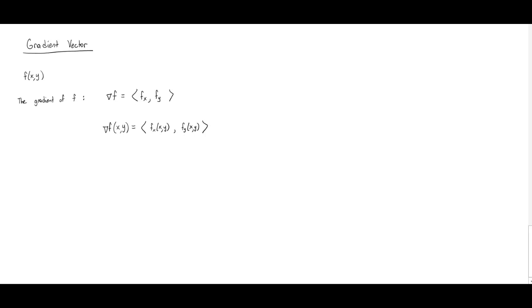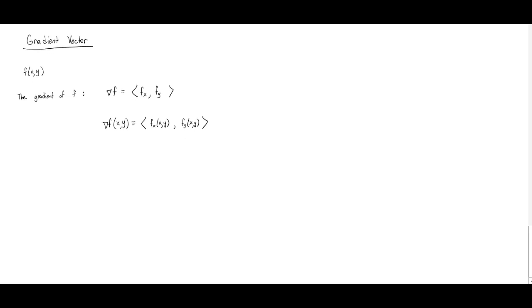Okay, so the first thing I want to note, now that I've introduced the gradient vector, is that it's a special case of the chain rule. Okay? So let's say that I have a function of x and y. And this time, let's assume that x is just a function of t, and that y is just a function of t.